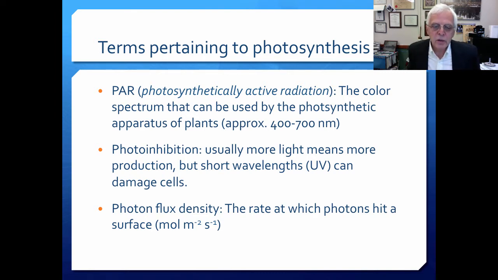Photoinhibition is the inhibition of growth or function of organisms by having too much light in the spectrum that they use. In fact, even small amounts of short wavelengths can damage cells very severely. So photoinhibition means that there's too much light, and so it inhibits production or function rather than enhances it.